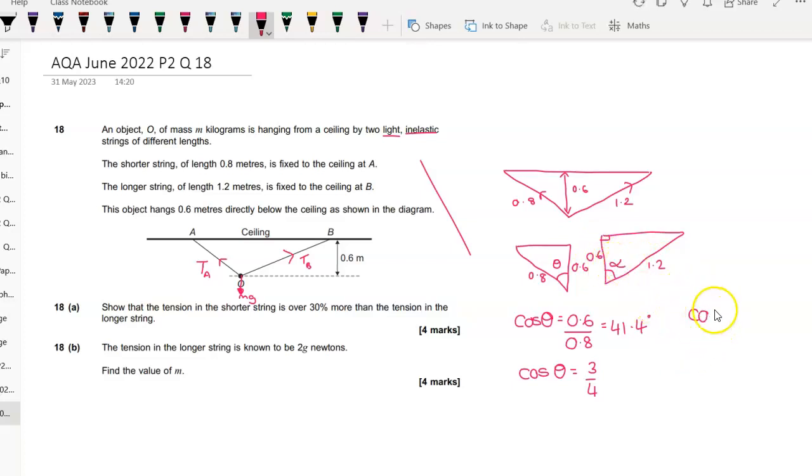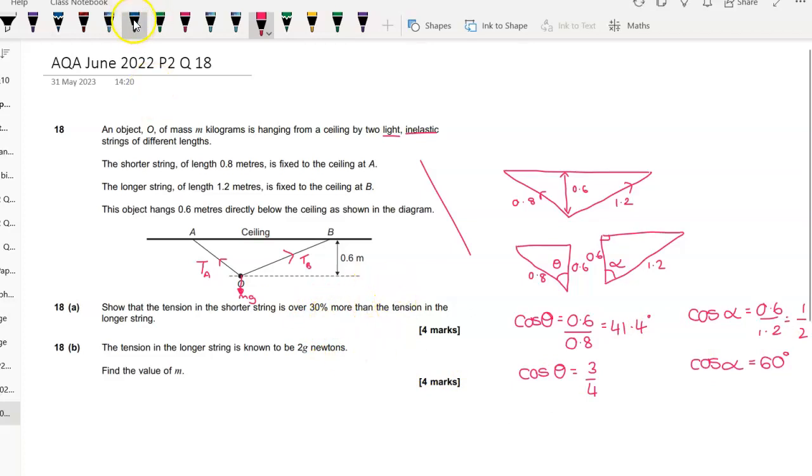So cos of alpha is 0.6 over 1.2, which is a half, which gives us an angle of 60 degrees. Okay, show that the tension in the string, and so on.